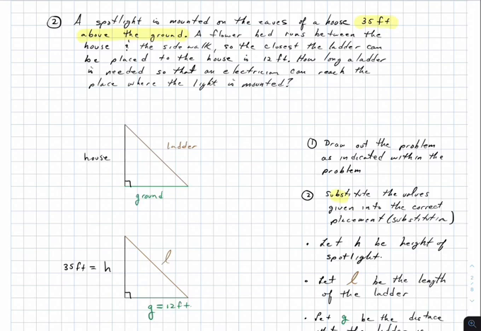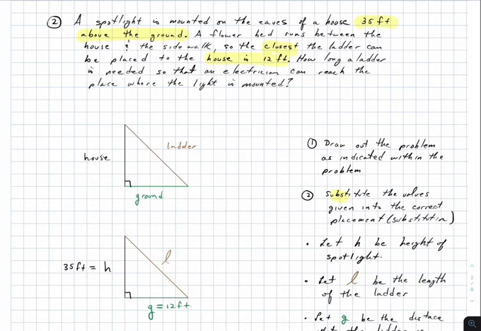When I'm reading this, my eyes scan for certain things. Numbers are going to be one of them. Now, I know in the topic I'm dealing with a right triangle. So I already know one leg, or an altitude, some side of a triangle. Now, the other piece of information that I definitely know is the closest it can be to the house is 12 feet.